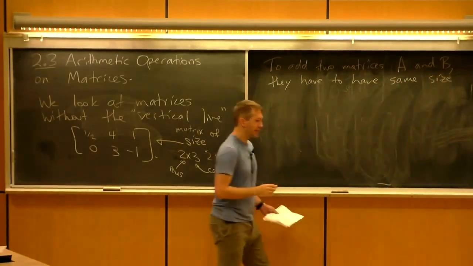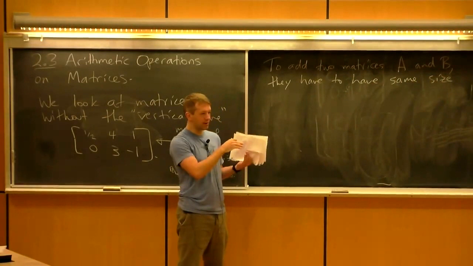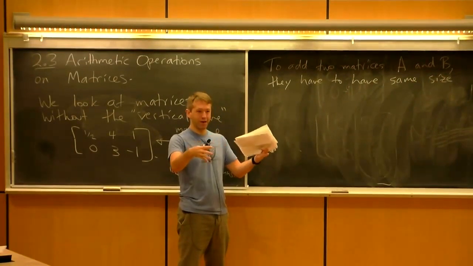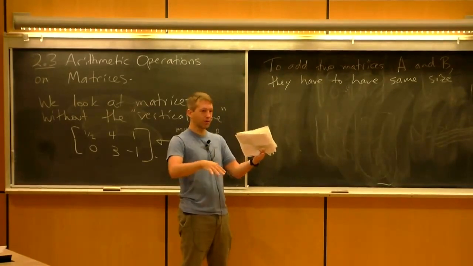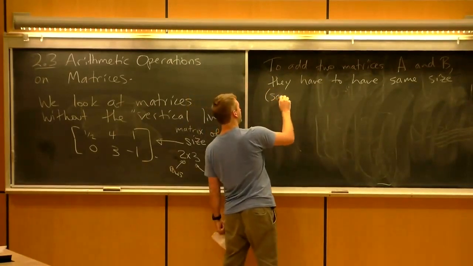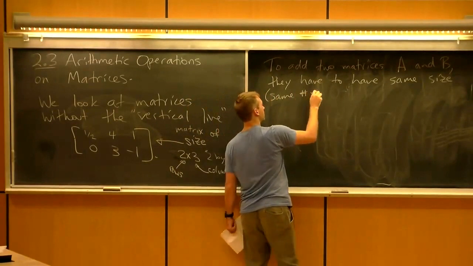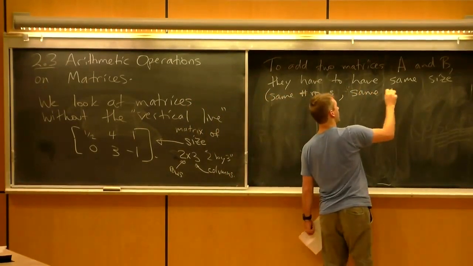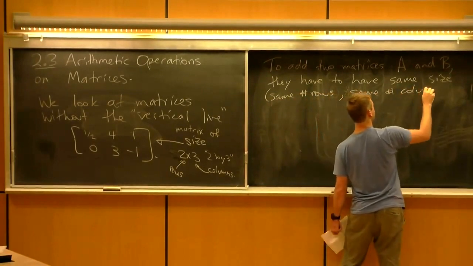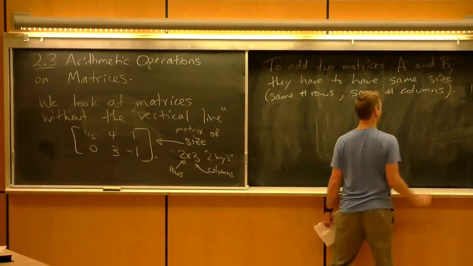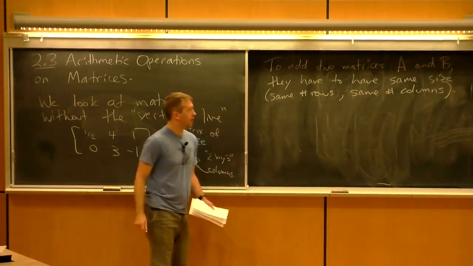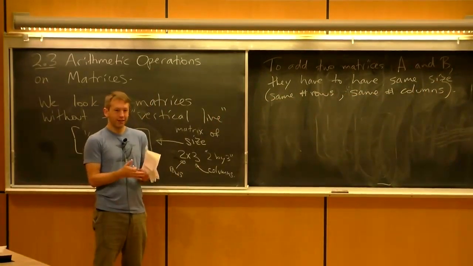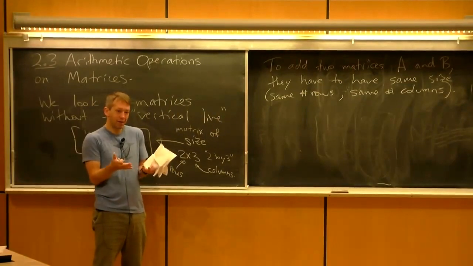And remember, when we talk about size, I'm not just talking about how many entries there are. I'm talking about the exact same shape. So the exact same number of rows, same number of columns. But then, if they have the same size, adding two matrices is kind of the obvious thing.